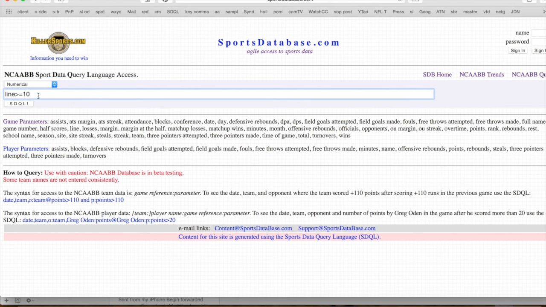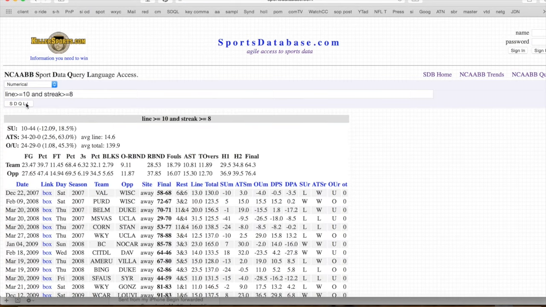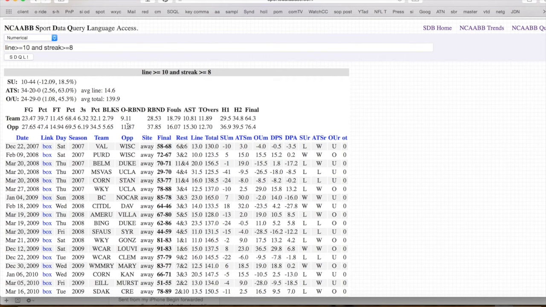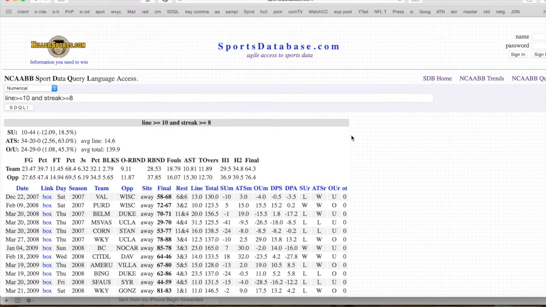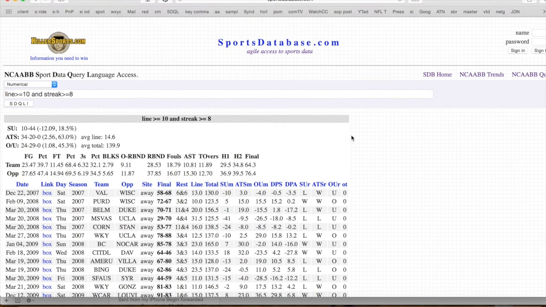You can see the line is greater than or equal to 10, and let's say they've won at least 8 straight games straight up. So this basically says I want to see how a red-hot team does as a big underdog, and you can look that up, and as you can see, very rare, but it hits 63% of the time.